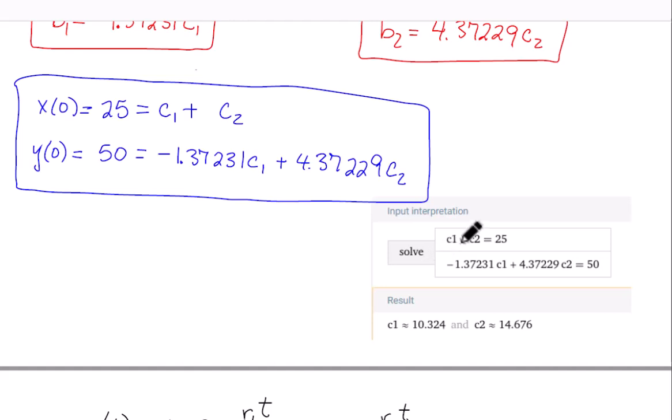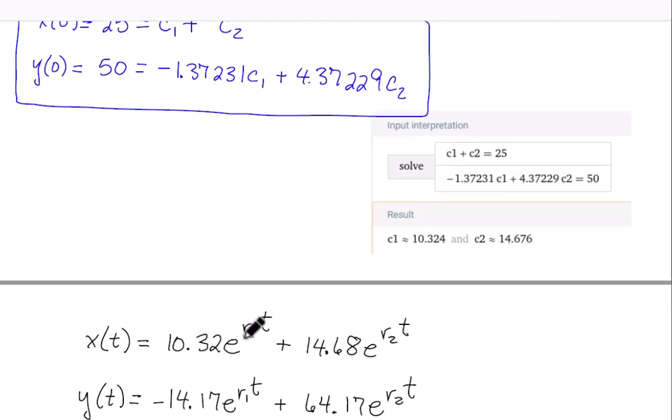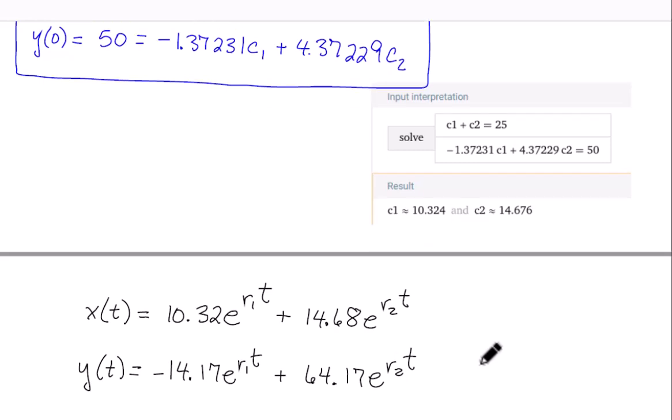All right, so here's what I had. And to keep things as accurate as possible, I used the tool to try to solve that. And so I got C1 and C2. I plugged those in and I rounded them to the hundredths place to get x and y.